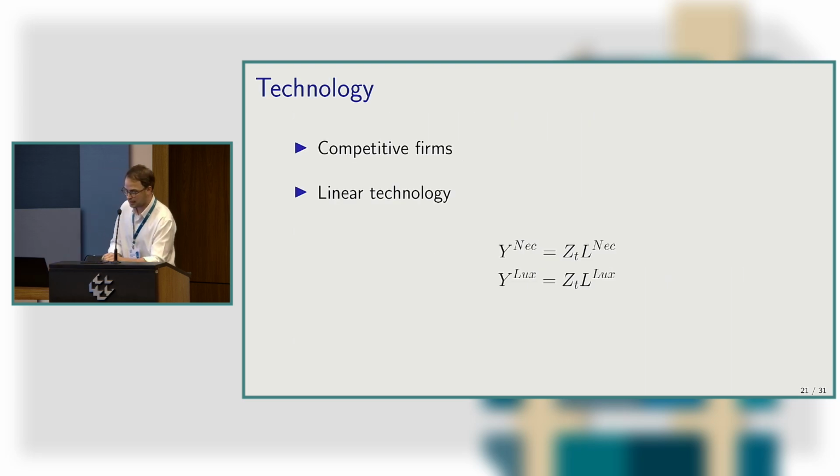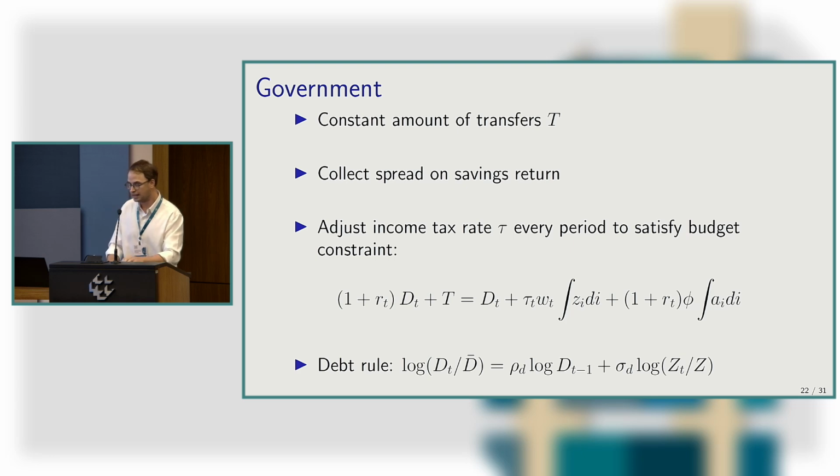So firms, as I said, are competitive, and they operate a linear technology to produce both types of goods. There's no segmentation in the labor market, which is going to simplify things in this model. Finally, the government has a constant amount of transfers.